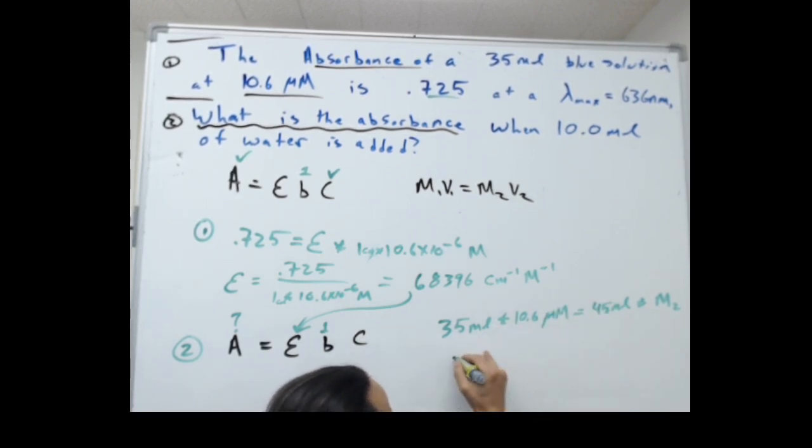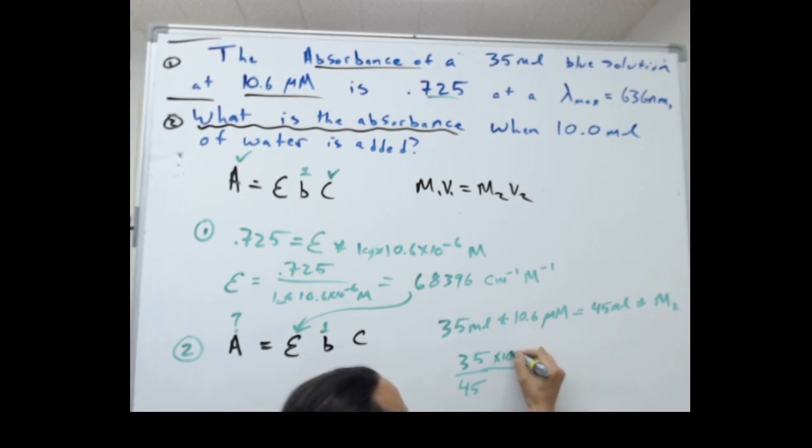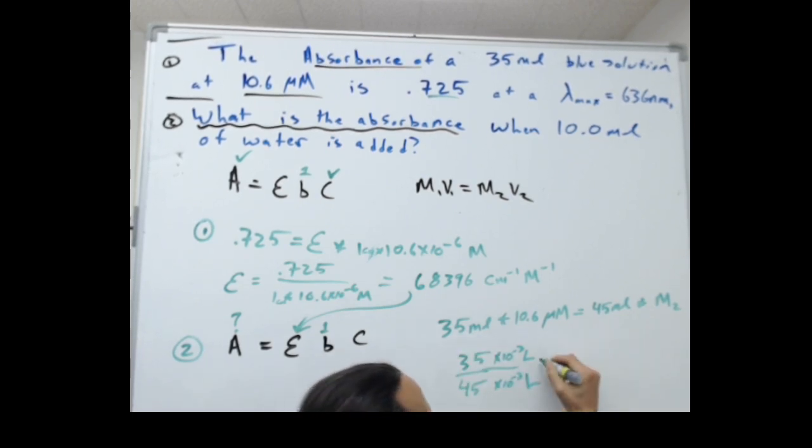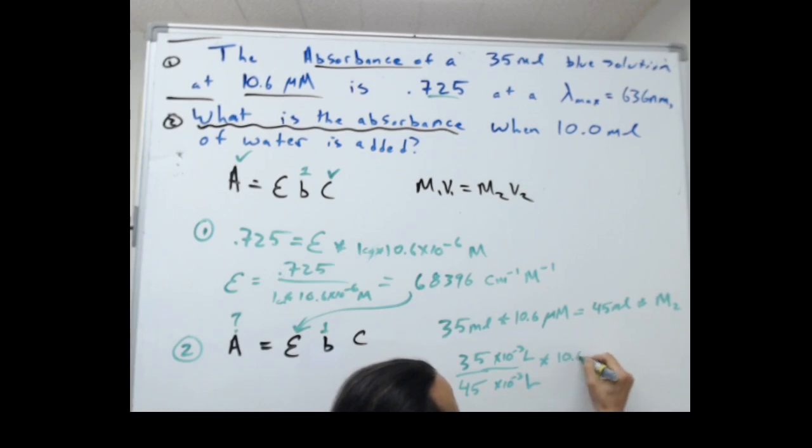So, doing the math here, I'll have 35 divided by 45. If you want to convert to liters, that's times 10 to the minus 3 liters, times 10 to the minus 3 liters. Notice the times 10 to the minus 3 is going to cancel out. Times 10.6 micromolarity. That's going to give us our new concentration, which is just going to be slightly less.